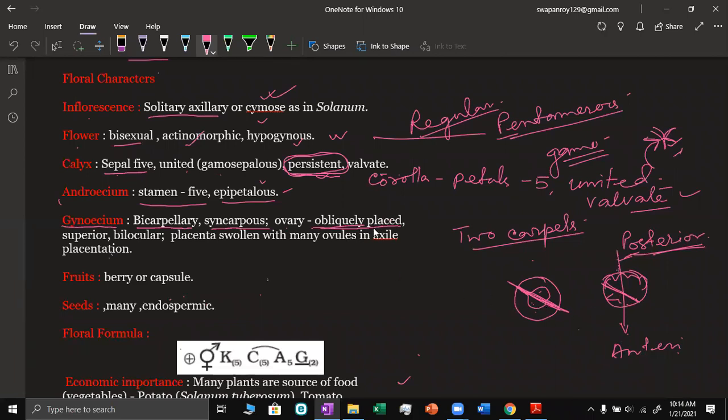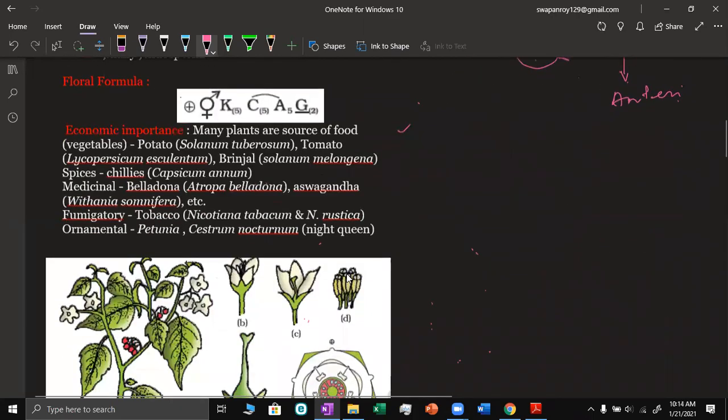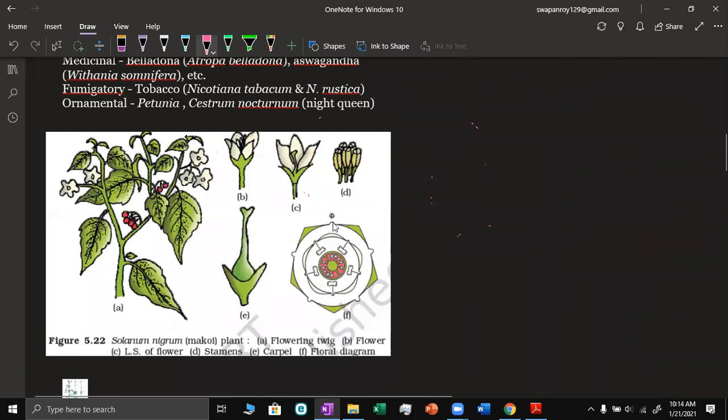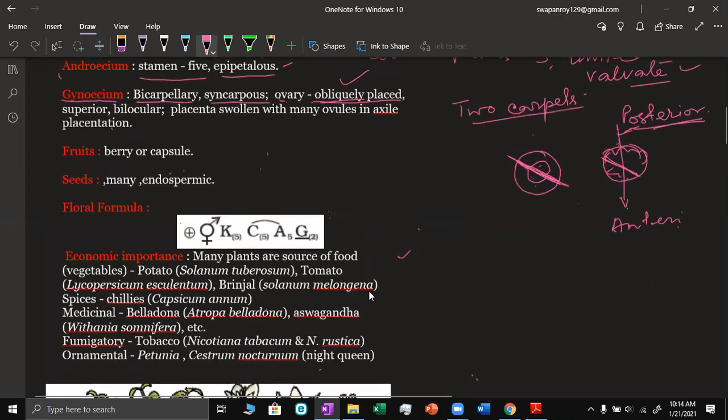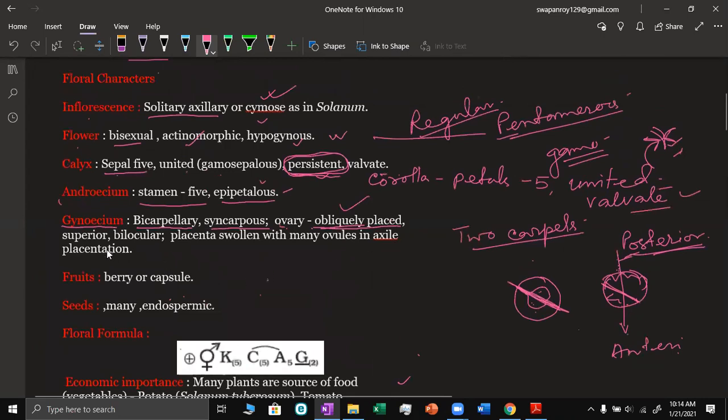So it is called obliquely placed ovary, and that's why when the floral diagram is drawn, you can see this is the anterior-posterior line, and this partition wall of the ovary is not along this line, slightly away. So this is obliquely placed.